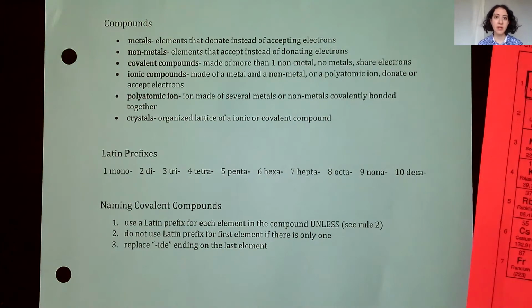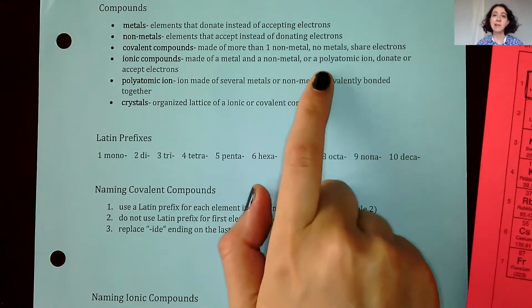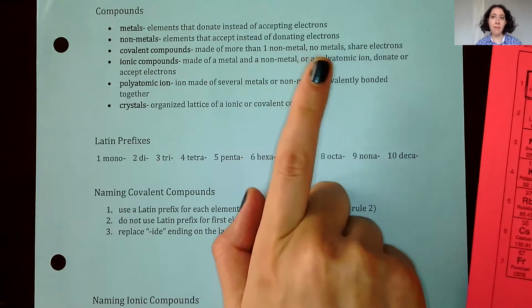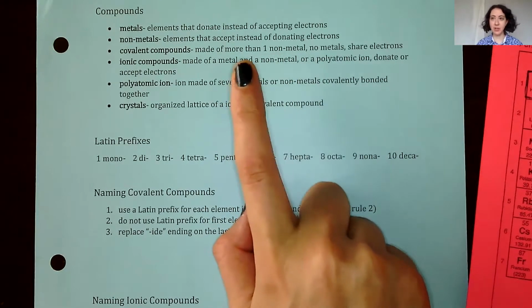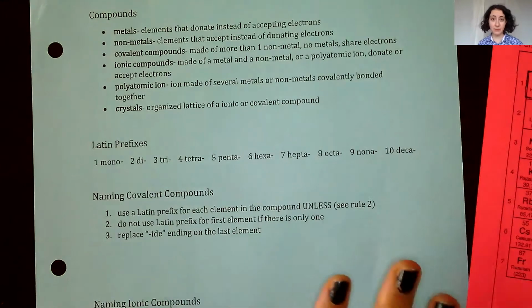Ionic compounds are made of a metal and a nonmetal together, or a polyatomic ion instead of a metal, and they donate or accept electrons. So they don't share them, one atom gives the electron away and the other accepts it, and they both move on. So that's the really key difference.